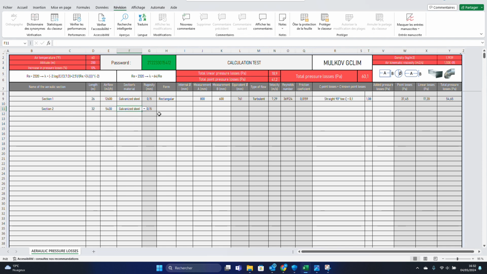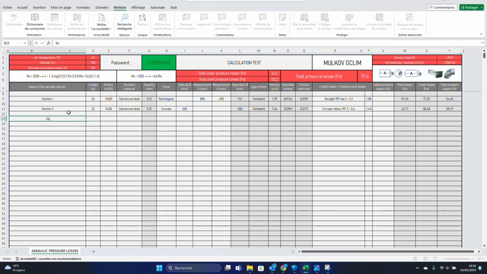It's still galvanized steel, but this time it is circular, and the diameter is 500. We got, like I said, a circular elbow of 90 degrees and a T bifurcation, sorry, of 90 degrees. So it's this one. So I can mark directly there. The section 2 is already finished.